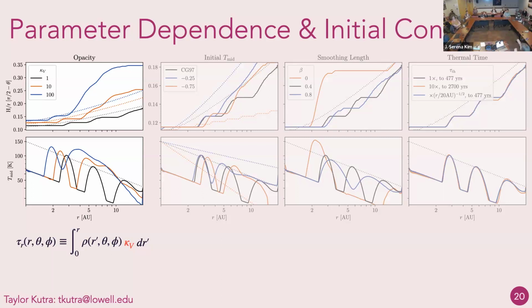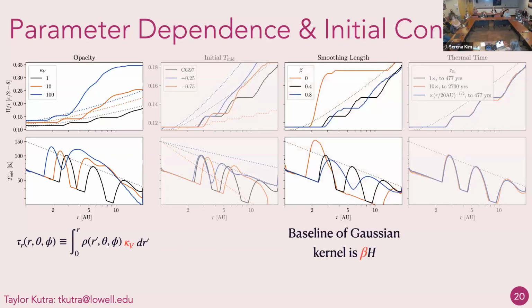And the thermal peaks get smoothed out, as I said, as the opacity gets higher because the optical surface is further away from the disk. But the important thing here is that these all reach this steady state where you have at least one hot rim followed by more smoothed out hot rims that take place at larger distances.